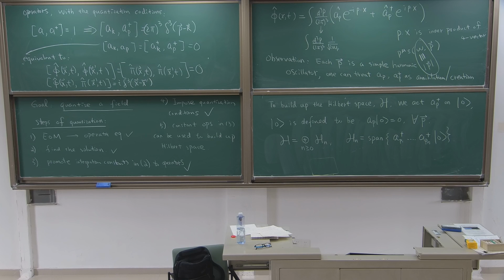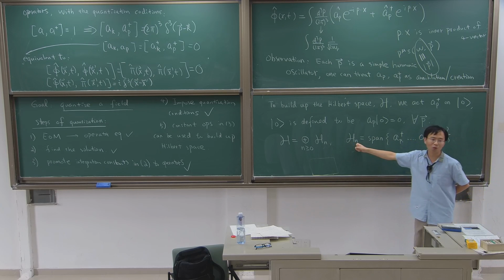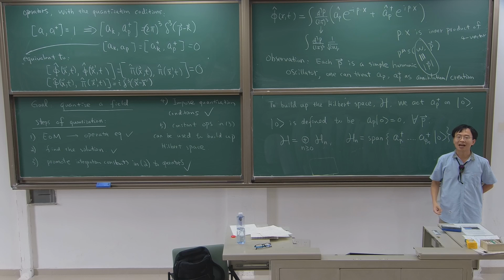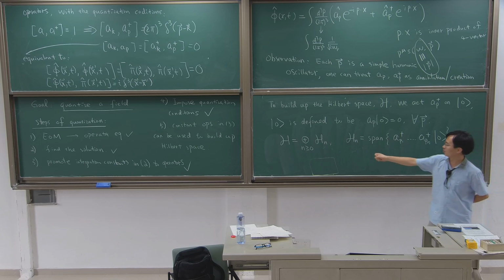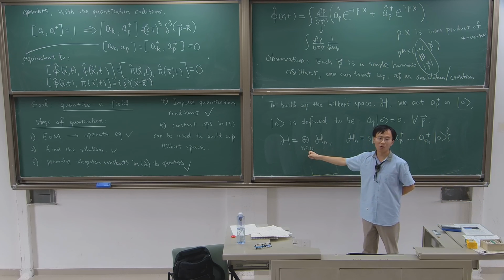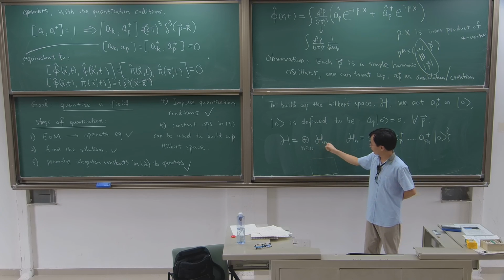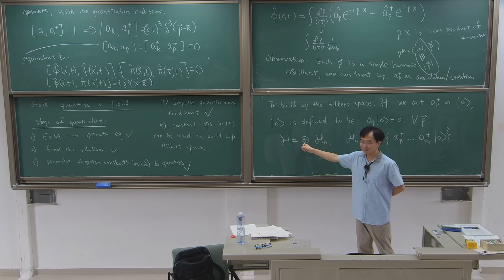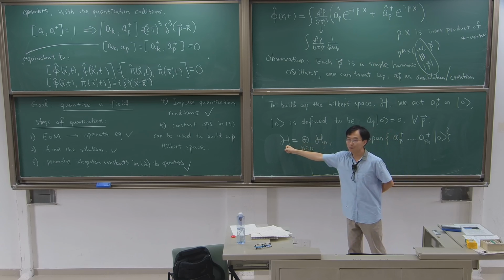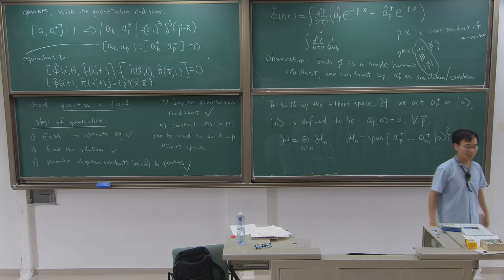I put all these possible states into this H with a small n. And I also allow you to change your little n. The n can be all the possible positive integers. So all these subspaces put together form the entire Hilbert space H.